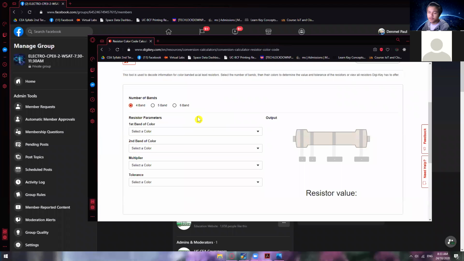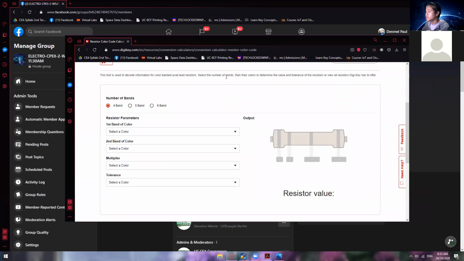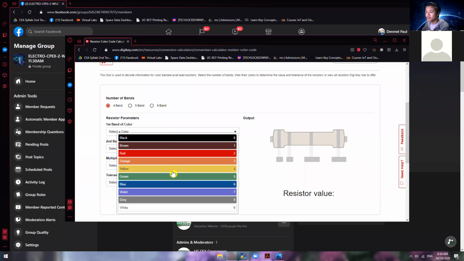There are actually a lot of calculator websites that can compute the resistor value. As you can see right here, you can choose 4 band, 5 band, or 6 band, but the most common is the 4 band resistor. All you have to do is choose a color depending on the resistor you're holding.